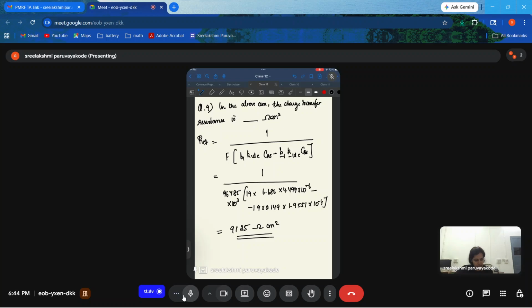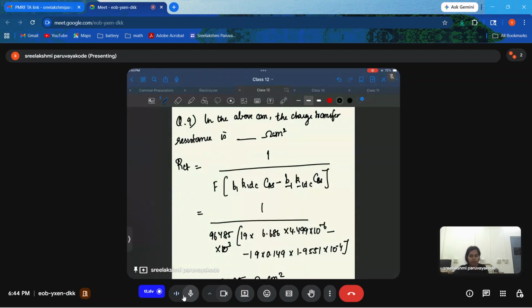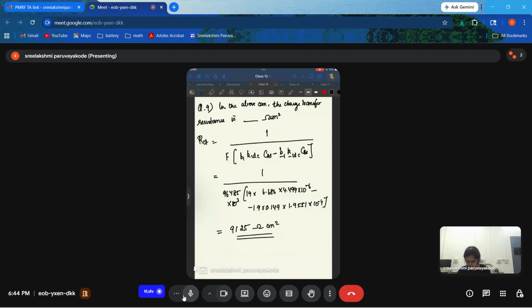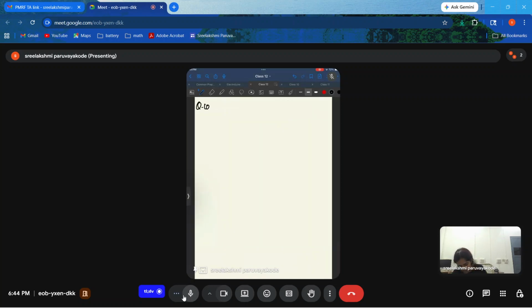This is question number 10. In the above case, the polarization resistance is dash mega ohm centimeter square.